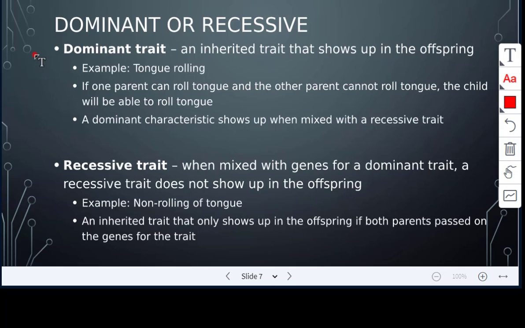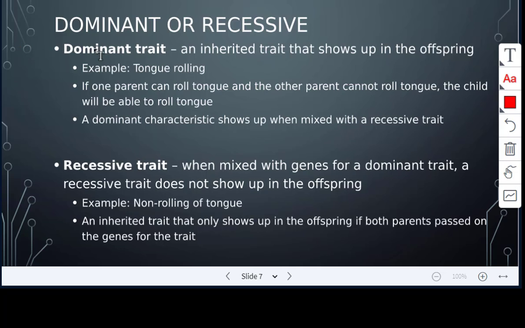All right, so next we're going to talk about dominant or recessive traits. So a dominant trait, think of that word dominant. It's an inherited trait that shows up in the offspring. For example, tongue rolling is a dominant trait.